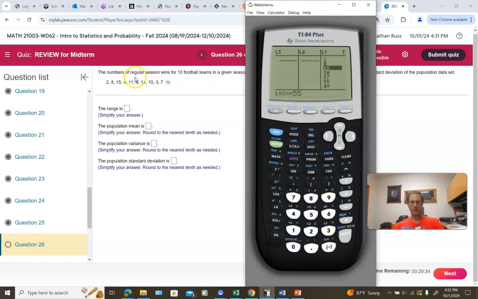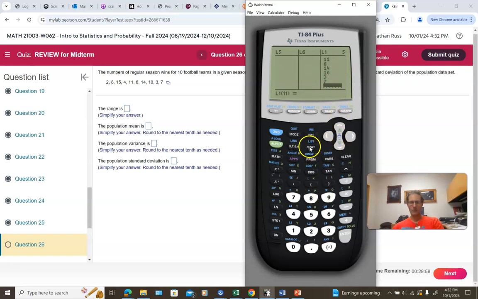Remember, these represent the number of regular season wins for these 10 different football teams. 15, 4, 11, 6, 14, 10, 3, and 7. Okay, now if I have any other entries here, I'm just going to keep clicking delete until they're all gone. There, they're all gone now.